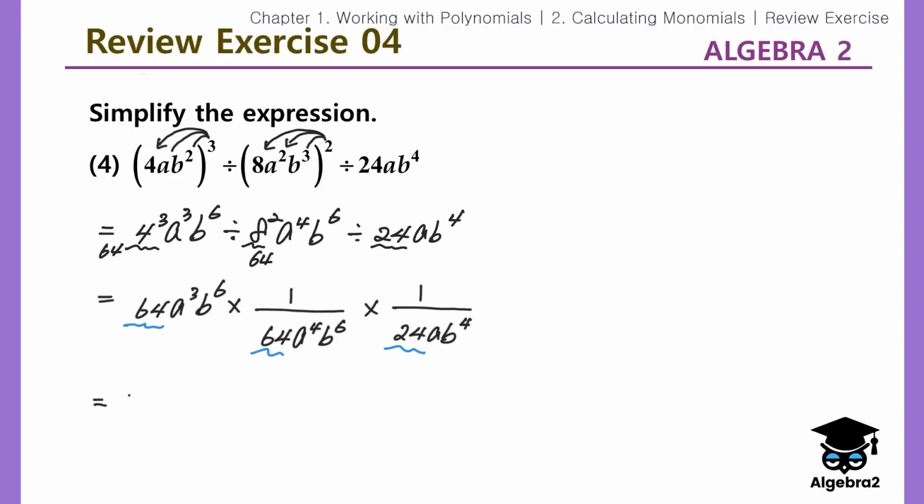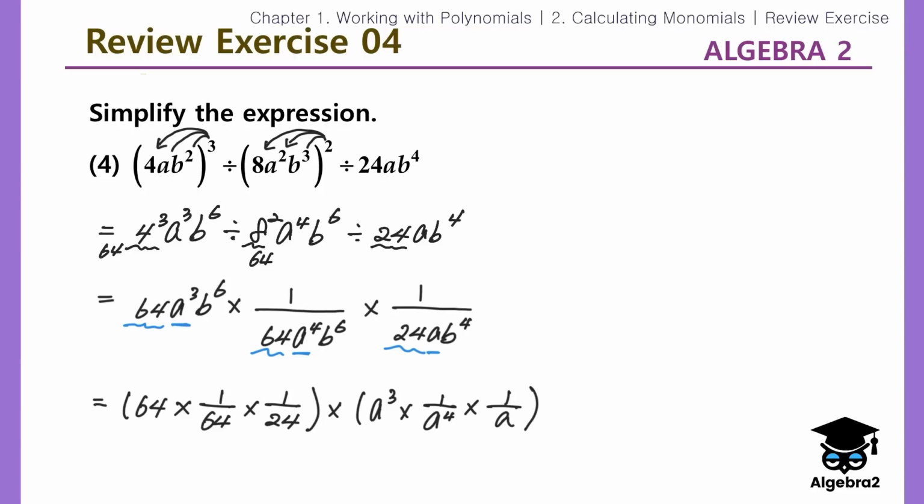So that is equal to 64 times 1 over 64 times 1 over 24. And we have variable a cubed, 1 over a to the 4, 1 over a. So a cubed times 1 over a to the 4 times 1 over a, times, lastly, b to the 6 times 1 over b to the 6 times 1 over b to the 4.